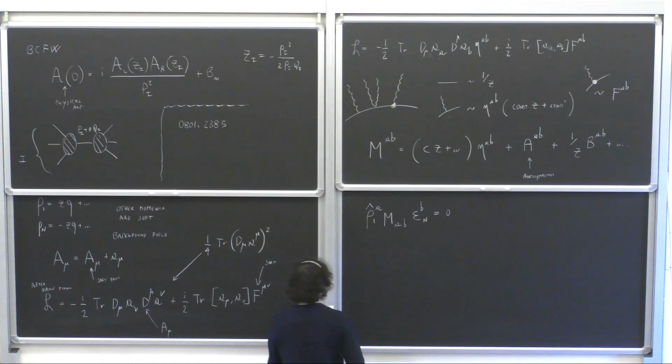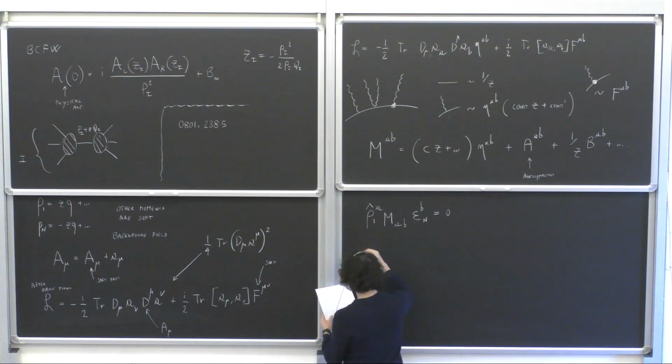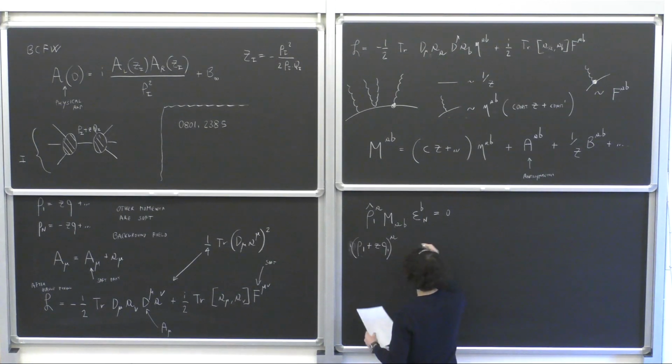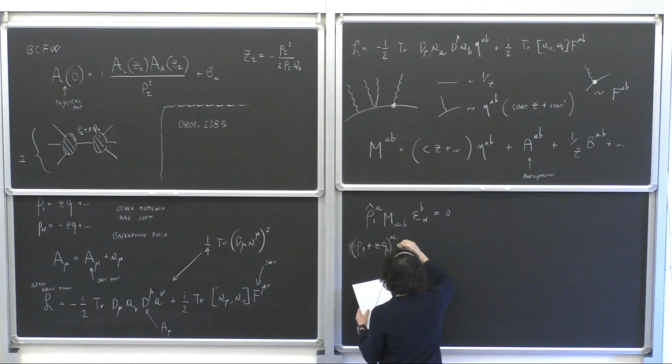What does this mean? Well, this means that P1 minus, so this is the same as P1 plus zQ1, where Q1 is the corresponding shift, as I said before. This is the same rewriting.